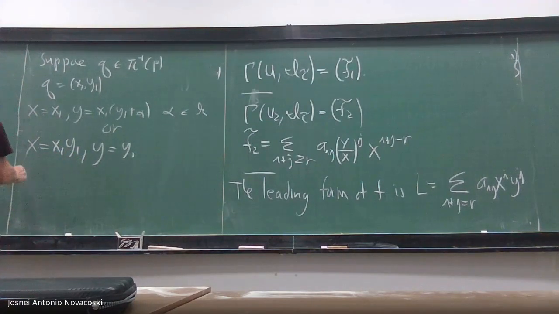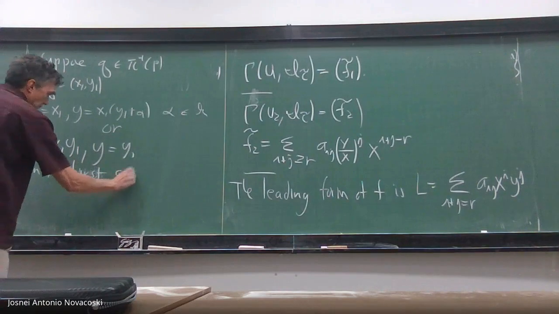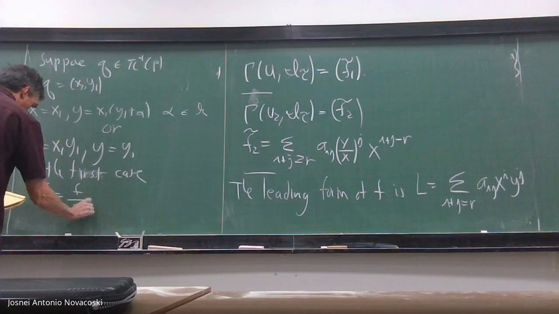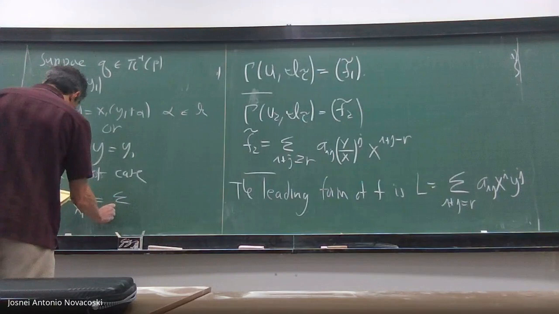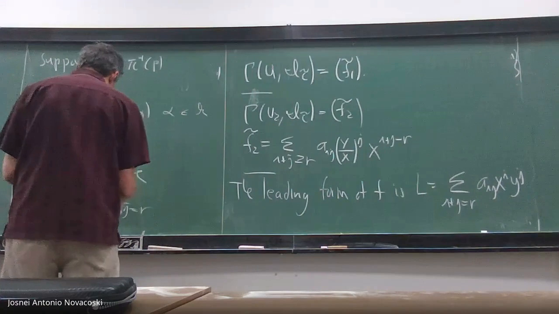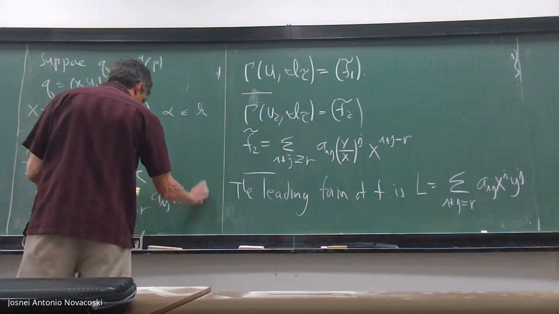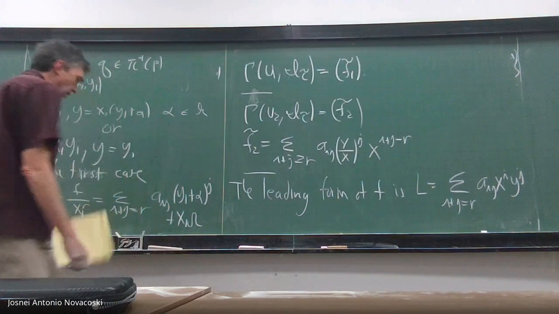So in the first case, one has that the local equation of the strict transform is f over x1^r. And this one is the summation i plus j equal to r of a_ij (y1 plus alpha)^j plus x1 omega for some omega.